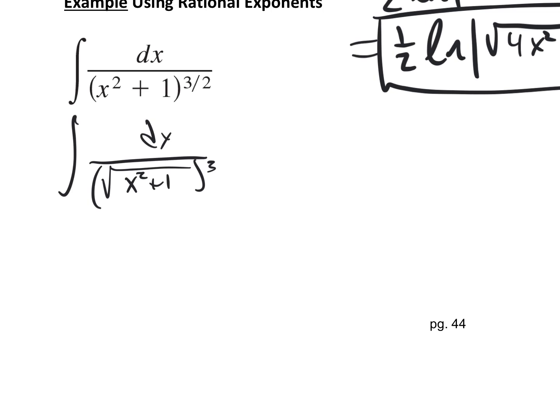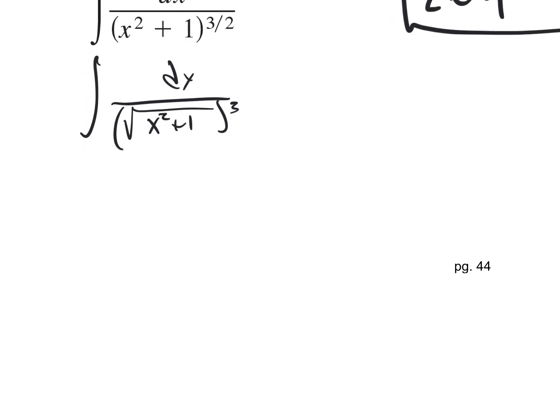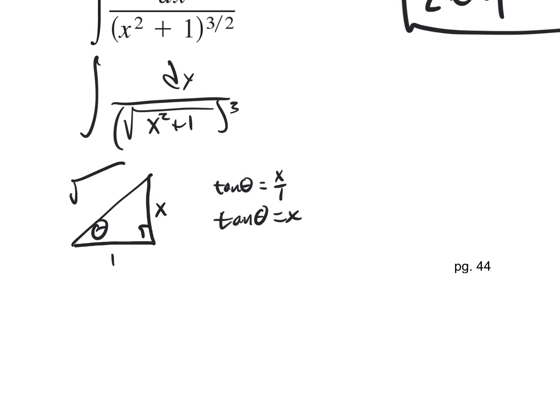So notice that it's a plus. That means we're going to want to use tangent here. So we're going to make our triangle with our theta. And we want an x and a 1. So we're saying that the tangent of theta is x over 1, or just x.